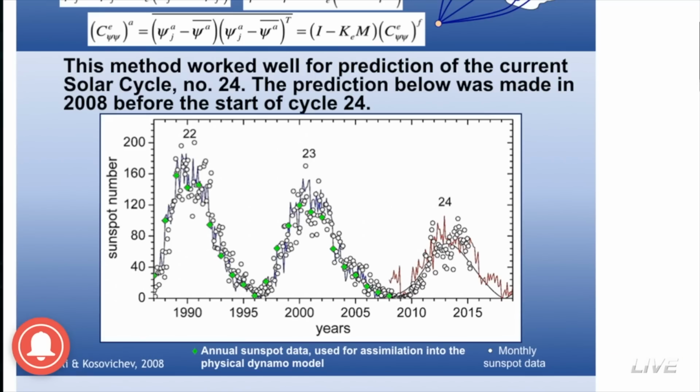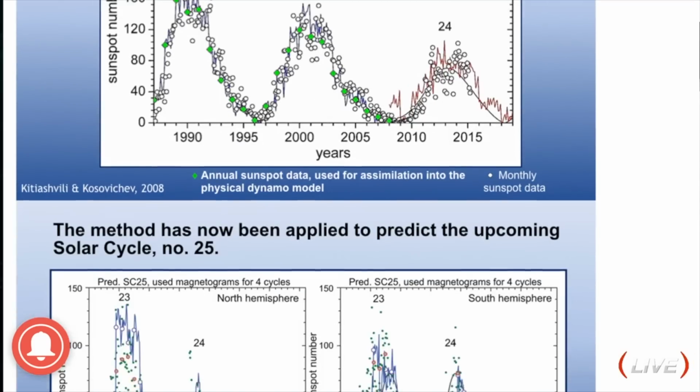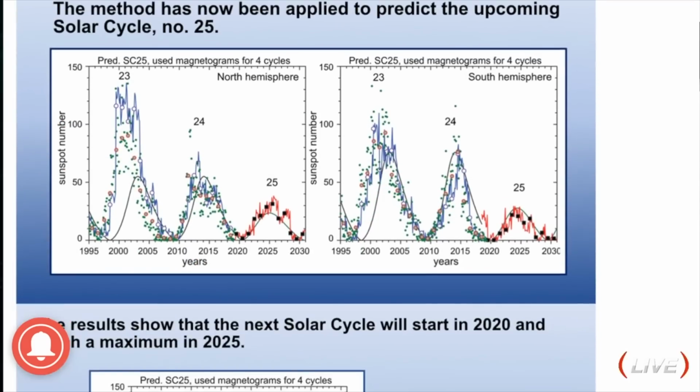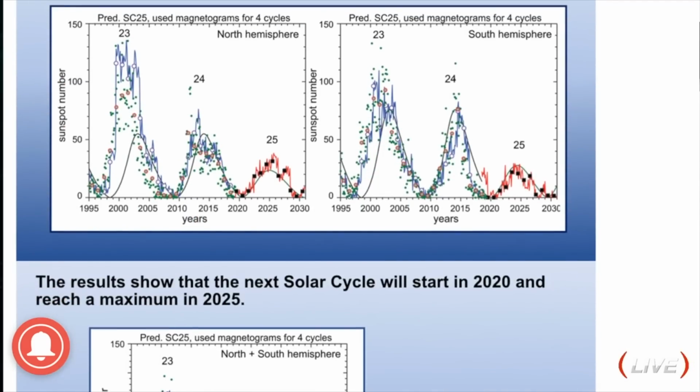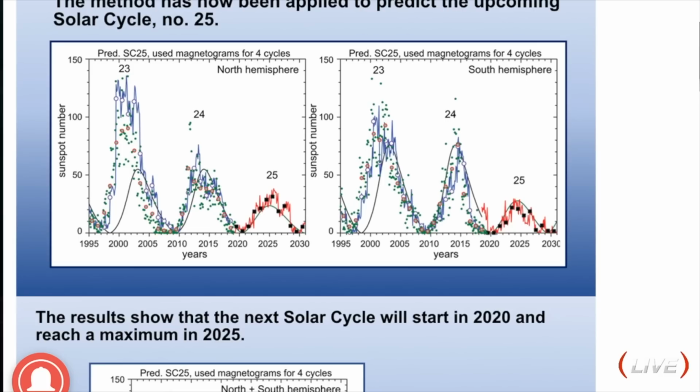Okay. So here's how they came up with their cycle 25 prediction. The method has now been applied to predict the upcoming solar cycle number 25. So we take a look at these 2 cycle spots here that were the northern hemisphere and the southern hemisphere.